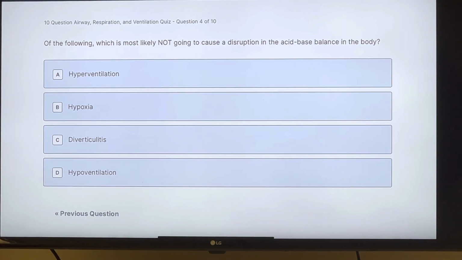It's most likely not going to cause a disruption. Of the following, which is most likely not going to cause a disruption in the acid-base balance in the body? Diverticulitis. B.